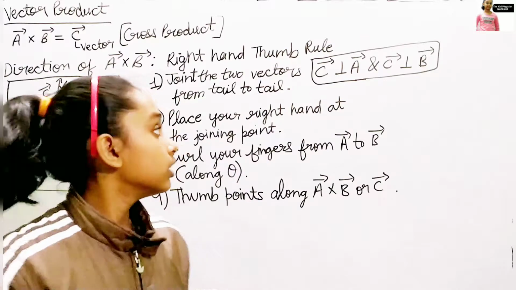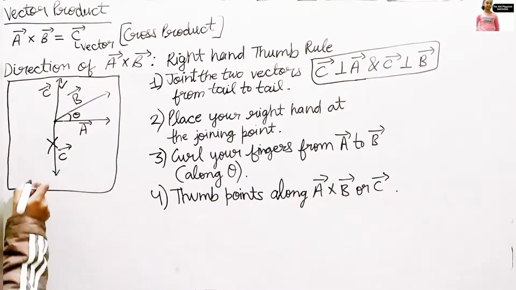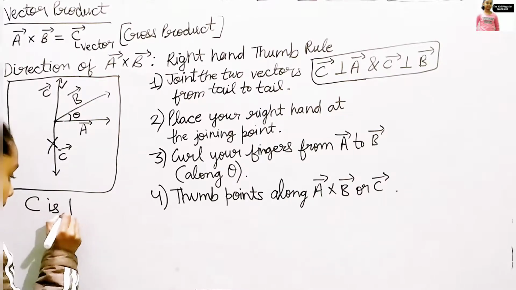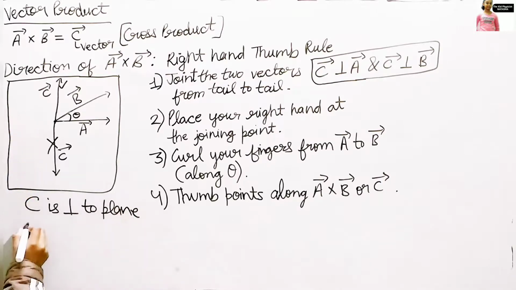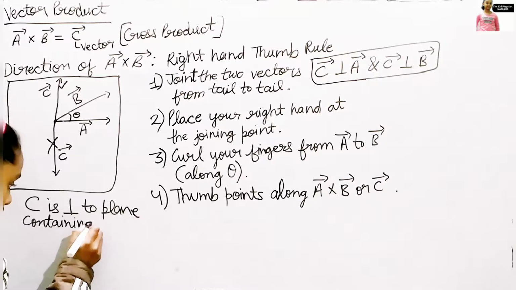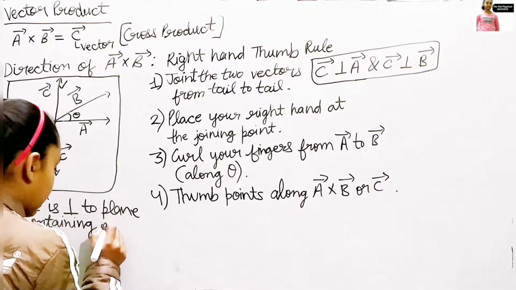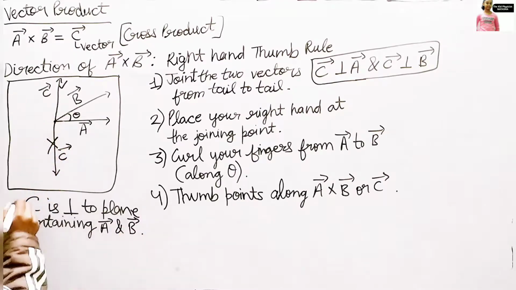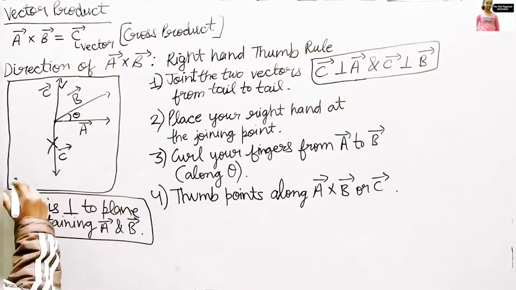Now I'm going to tell you one more important thing. Let me just write it here. Okay, actually I have told you that it is a plane, so we can say that C is perpendicular to the plane containing vector A and vector B. So always remember this note.